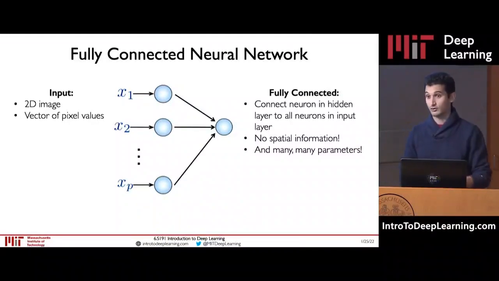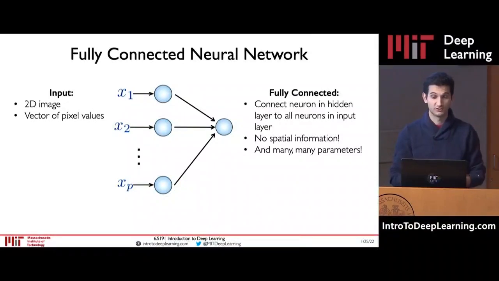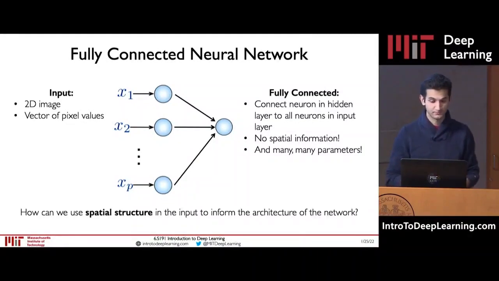And additionally, we're also going to have a ton of parameters because this model is fully connected. Every single pixel in our first layer has to be connected to every single neuron in our next layer. So you can imagine even for a very small image that's only 100 by 100 pixels, you're going to have a huge number of weights in this neural network just within one layer, and that's a huge problem.